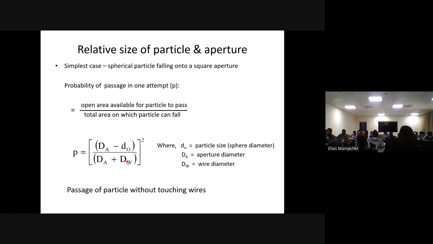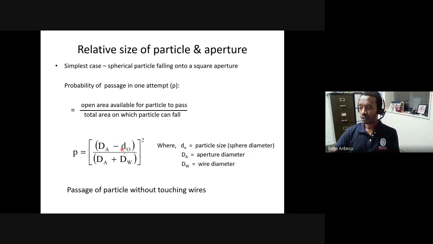Obviously, as the particles get smaller and smaller, your probability of passage should also increase significantly for a given aperture size. So whichever angle you look at it from, what matters most is the size of the particles, the open area, the diameter of the aperture, and the diameter of the wire, or how thick the material is if it's a woven wire.